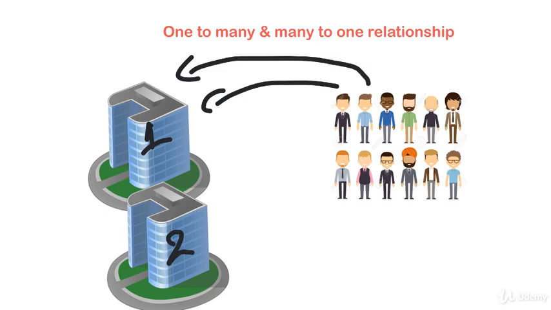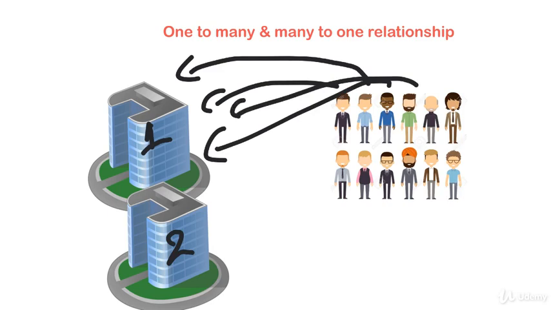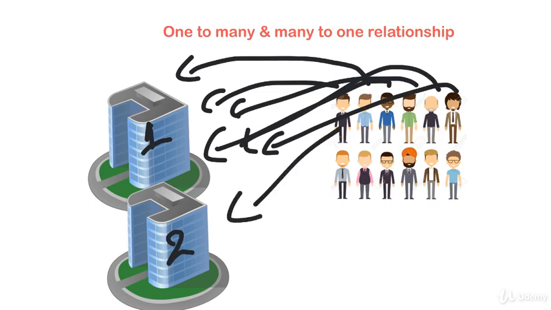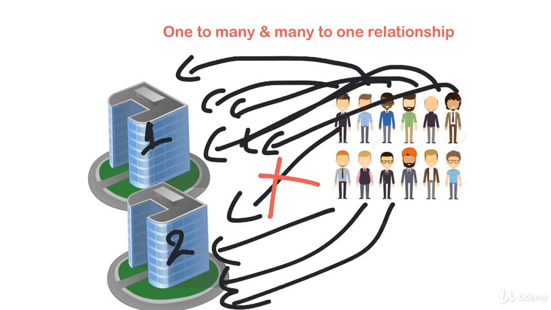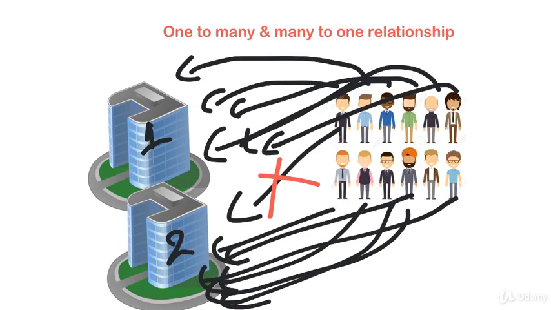Now if these people are working for organization 1, there is no chance for them to work for organization 2. So they cannot work there. It's a wrong statement. And moreover, if these people are working for organization 2, then there's no chance for them to work for organization 1. Even this one is a wrong statement.